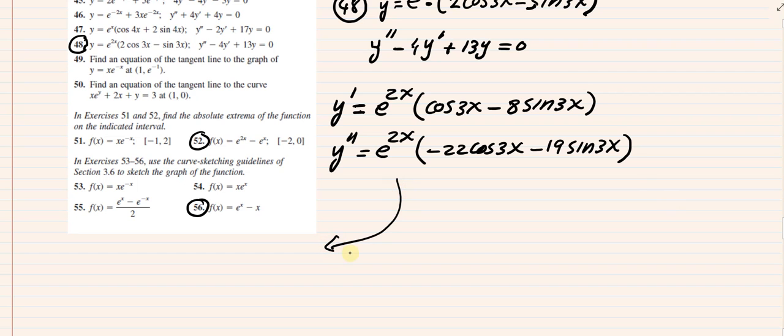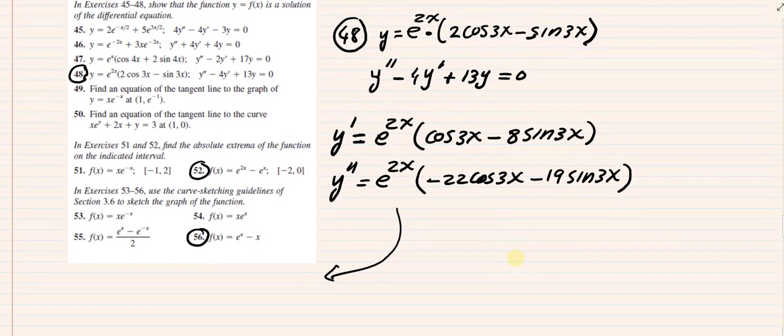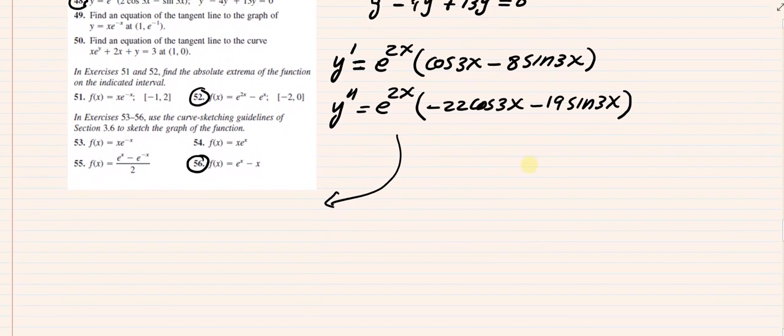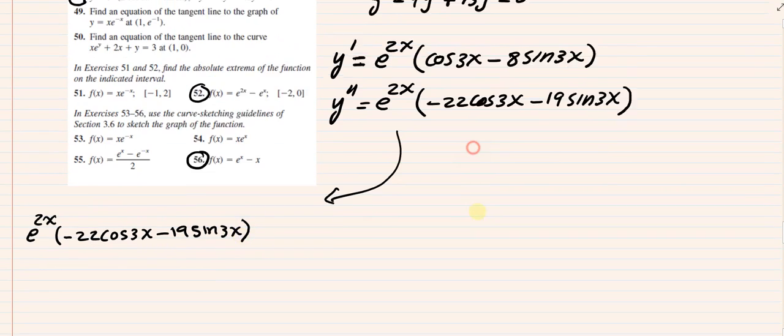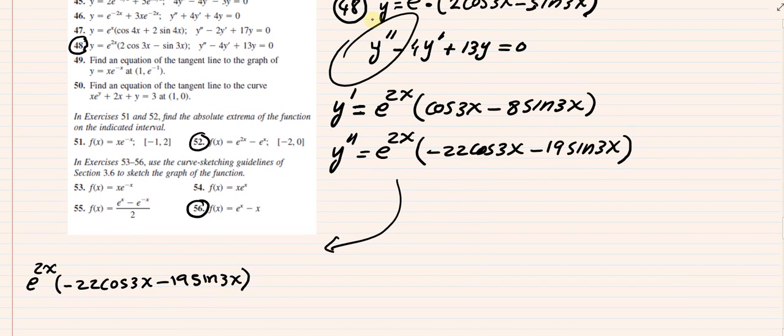Let me move down here where I have more room. So first I have y double prime, negative 4y prime plus 13y. This is going to be a long line, isn't it? So that's e to the 2x times the y double prime, cosine 3x, negative 19 sine 3x. That's just the first part, the y double prime. And then negative 4 times y prime.